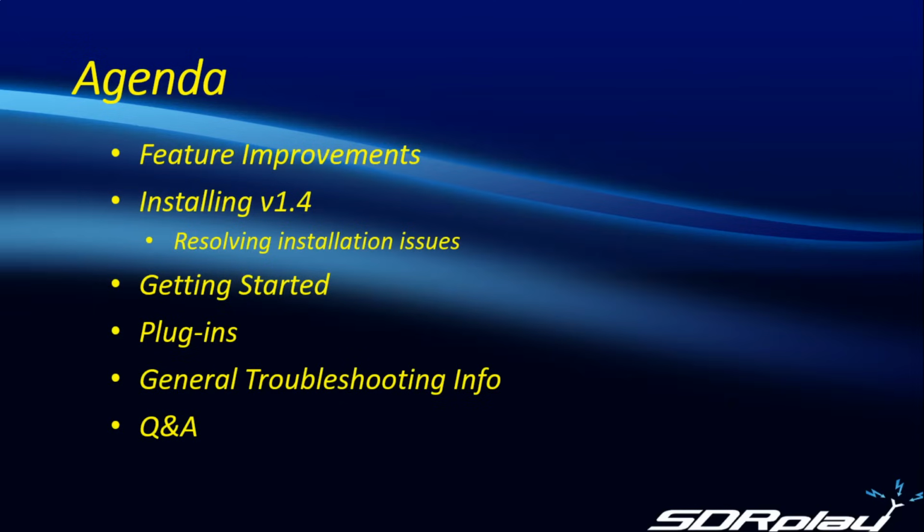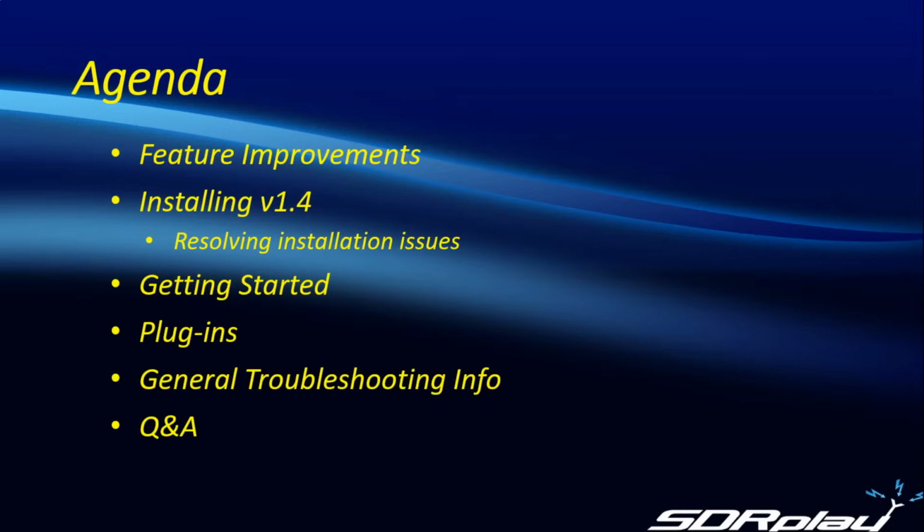Then we're going to talk about how to get started, and again we'll have two ways of looking at it. I'll show you what it might be like if you're a rank beginner, and then Mike will come on and he'll show us in more detail. And then the big thing we want to get into is to talk about the plugins, which are the big new feature for 1.4.